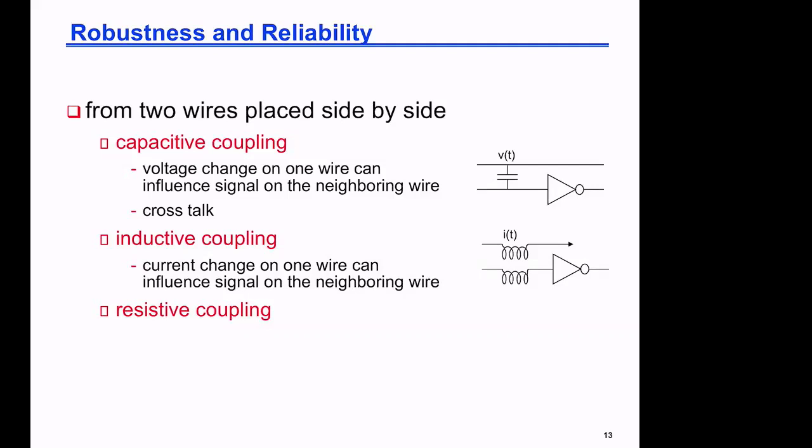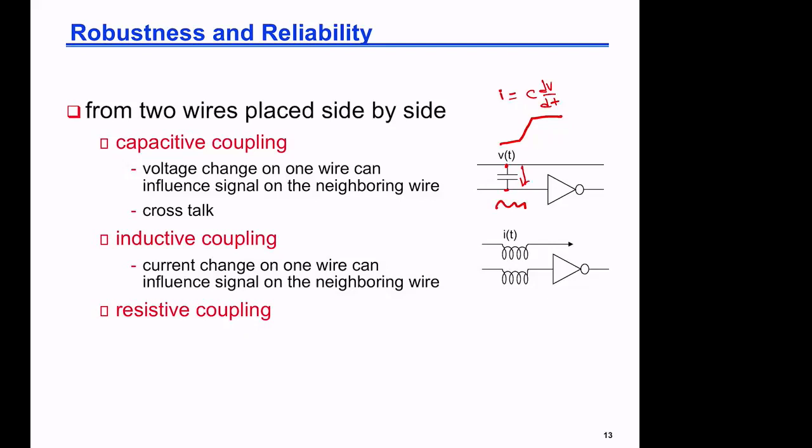So what can happen is that I can have capacitive coupling from a wire sitting next to my input. And if this wire's signal changes, any capacitor will have a current equal to C dV by dt, and we will see some current injected here that perturbs my signal.